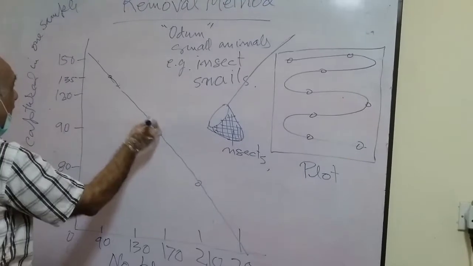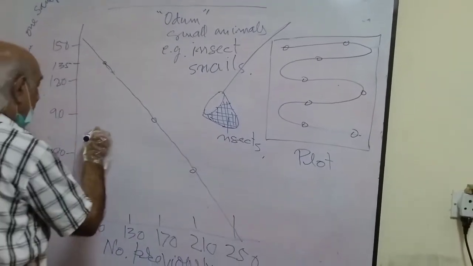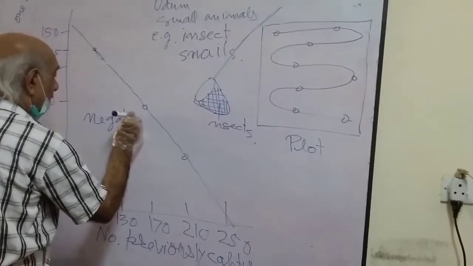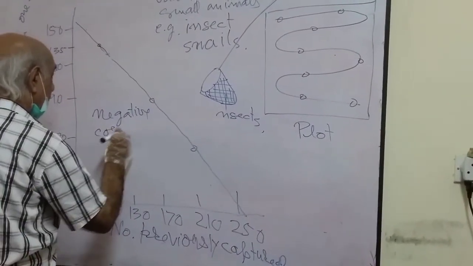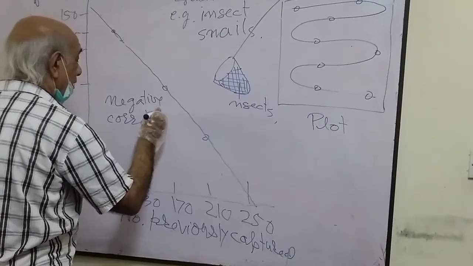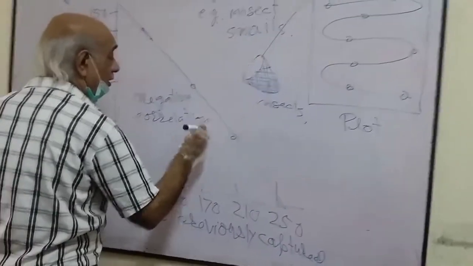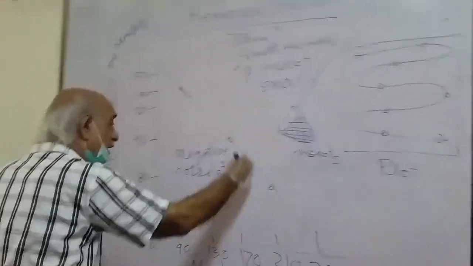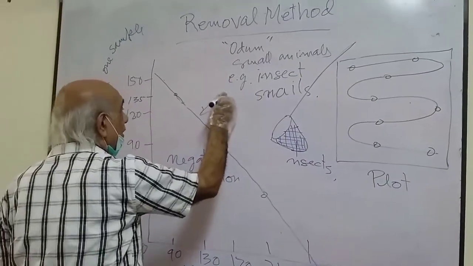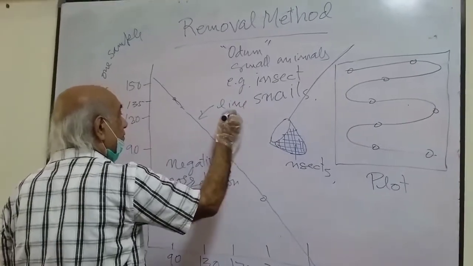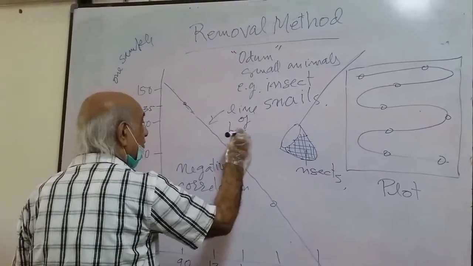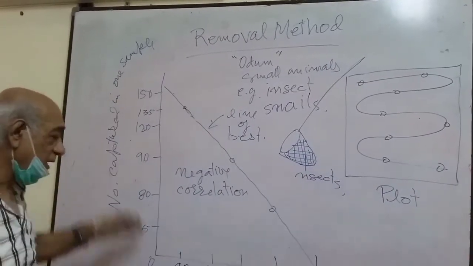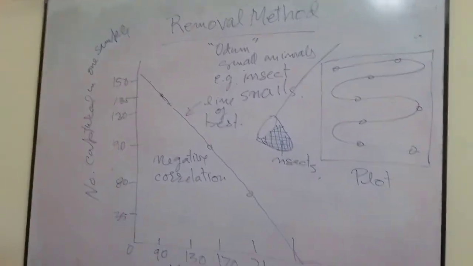So you get a straight line which is a negative correlation, because the line is running from upper left to lower right, negative correlation, and this is the straight line of best fit, that is the best fitted line to the points. So you have plotted the number captured against the number previously captured.